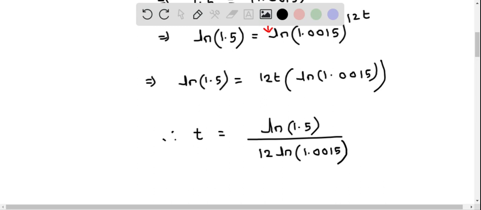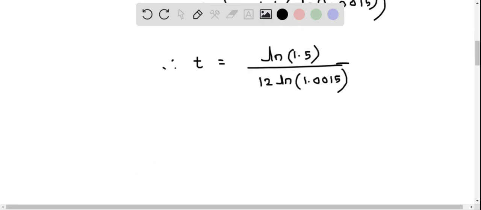And we can plug this expression into the calculator, and when we do that, we approximately get the value of t as 22.5, and this is rounded to the nearest tenth of a year.